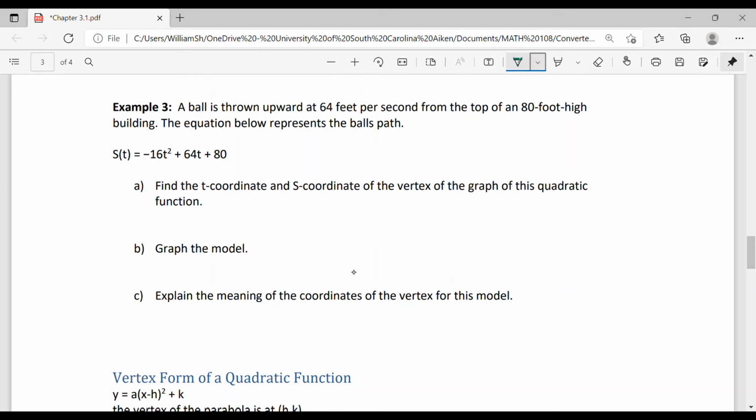So back here, t coordinate and s coordinate. The t coordinate was 2, the s coordinate was 144. We already graphed the model, and we've explained what the coordinates for the vertex in this model mean.